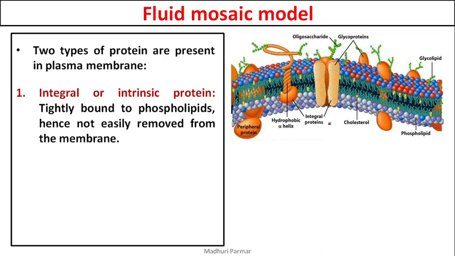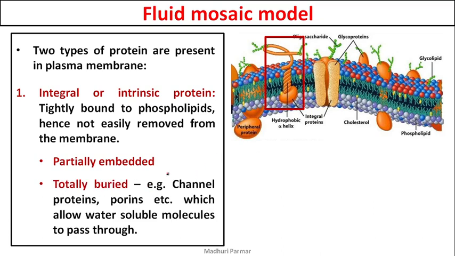This shows that they are integral, embedded into the membrane. They can be of two types: partially embedded, like this one here, only partly present inside the cell membrane and partly outside, or totally embedded, like you see here.